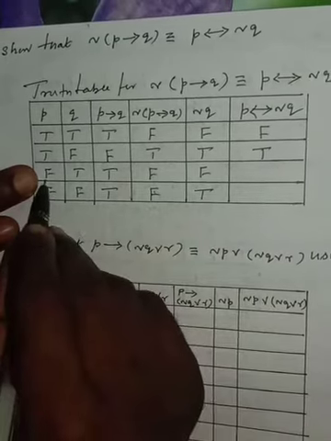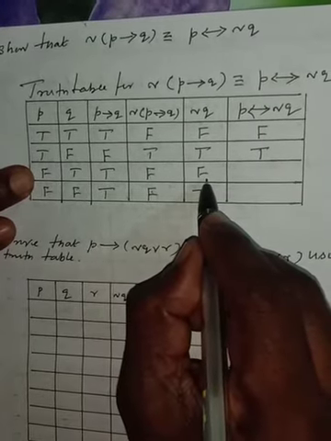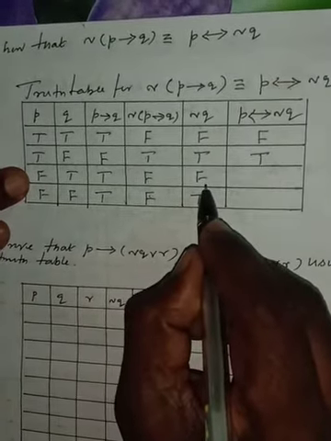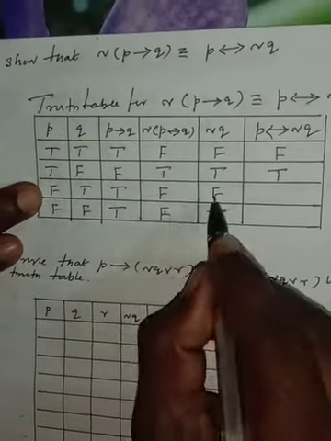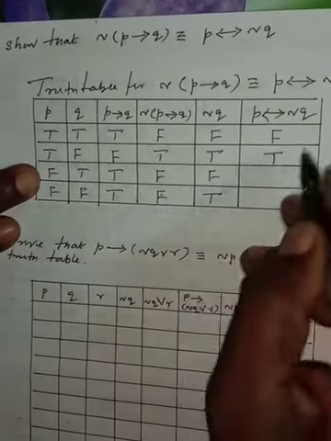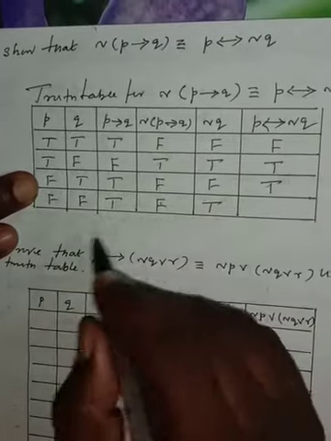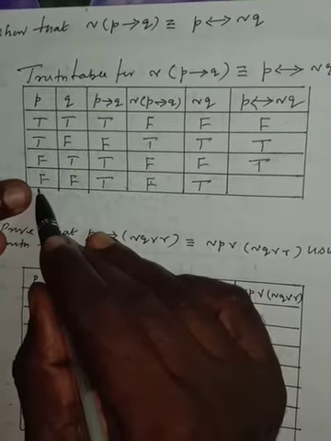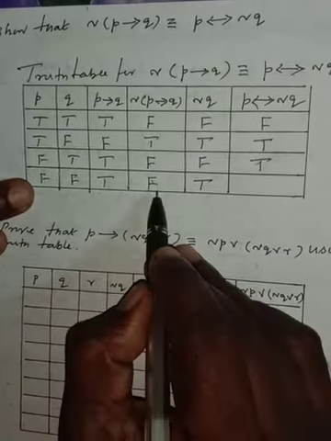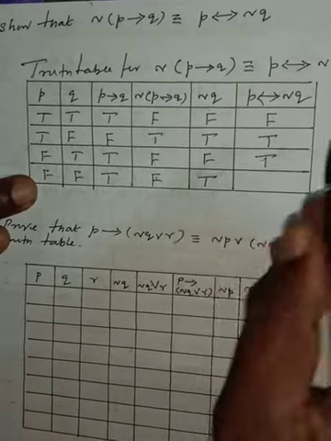False if and only if false is true. Next, false if and only if false is true.